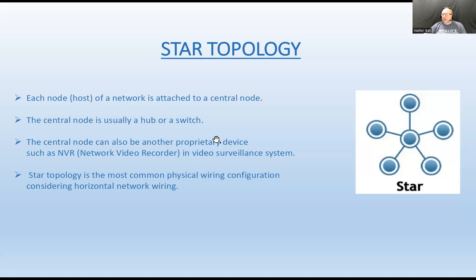So sometimes the cameras are connected straight to the NVR, network video recorder, or DVR, digital video recorder. The NVR and DVR are, for the most part, the same thing. It's a box with a bunch of smarts in it, and it has a bunch of Ethernet ports to which you connect the security cameras when they're IP cameras.